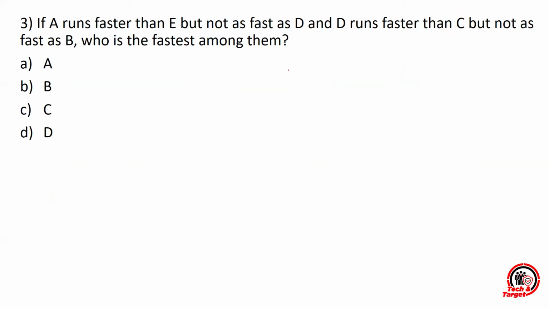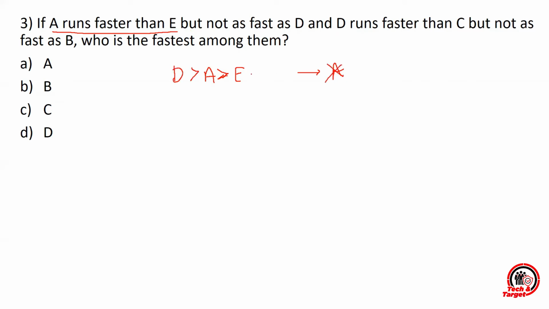If we divide this question piece by piece, we see that A runs faster than E, which means the speed of A is greater than E. Now the fastest among these two persons is A, right? We also see that he's not as fast as G, which means G is greater than the speed of A.